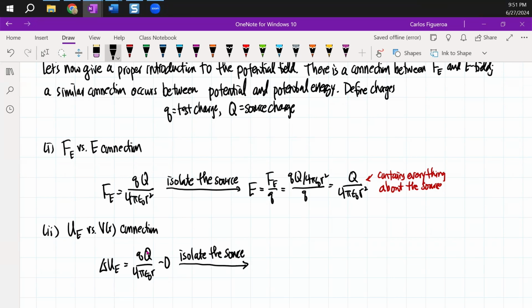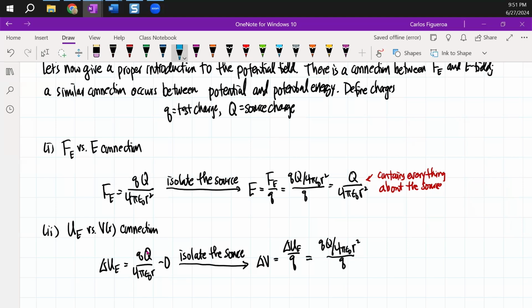And when I do that, we then say that the change in voltage here, or the change in potential, is then the change in the potential energy divided by little q. So it's the energy or the work done per unit charge, as they say. So then it's the same type of thing. We have big Q, and then we have almost the identical expression, which will be 4 pi epsilon r squared divided by little q.